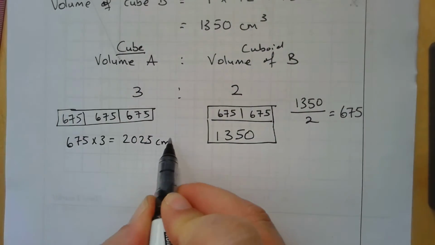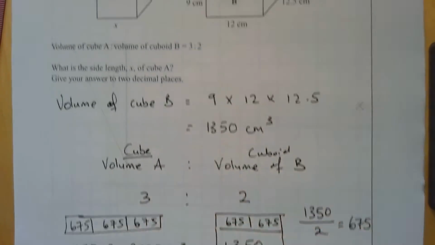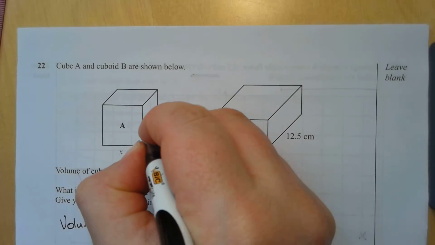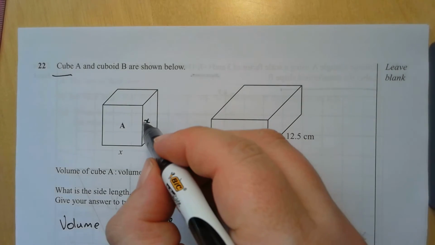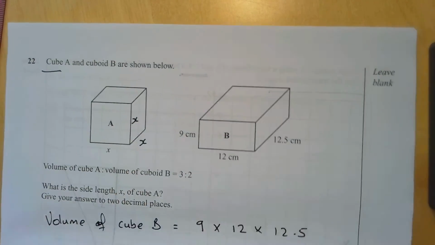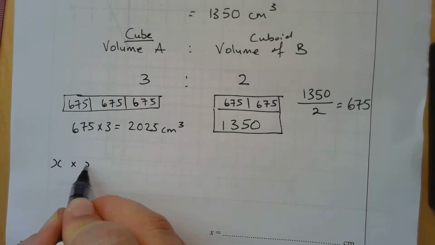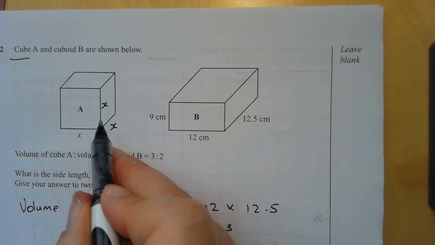is this many centimetres cubed. This is our volume, and the way to find out, because each of the dimensions of a cube are exactly the same, this length is x, this length is x, and this length is x, because we are talking about a cube. Really important. That means the volume of our cube is x multiplied by x multiplied by x.